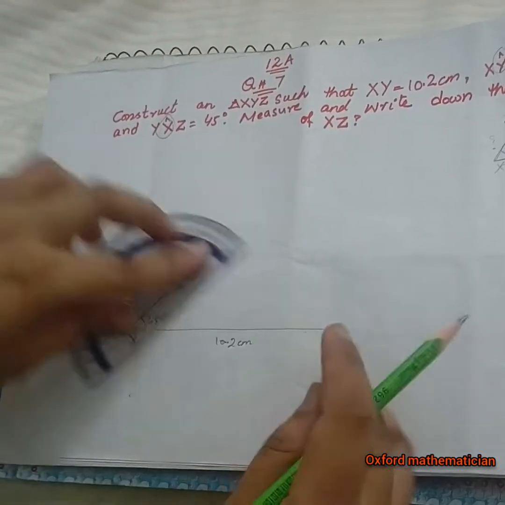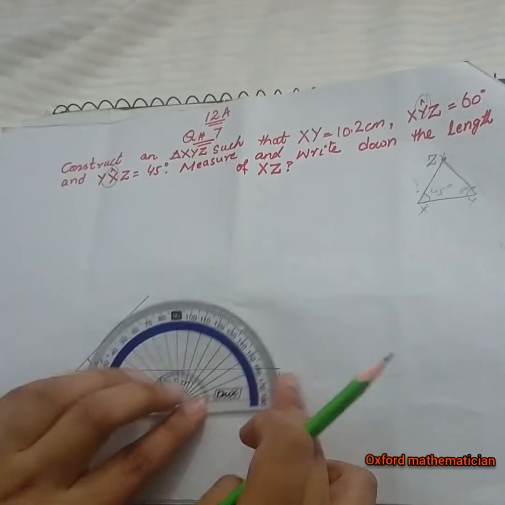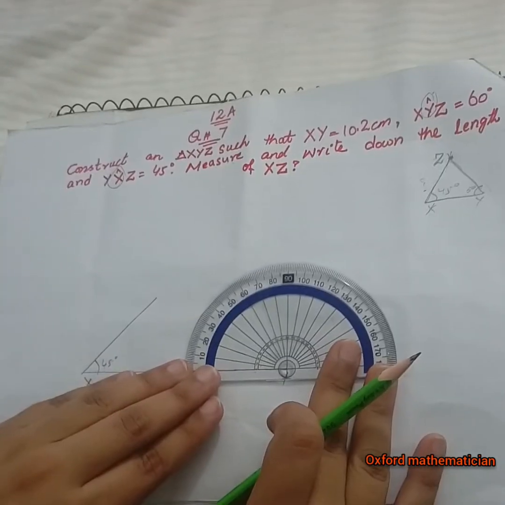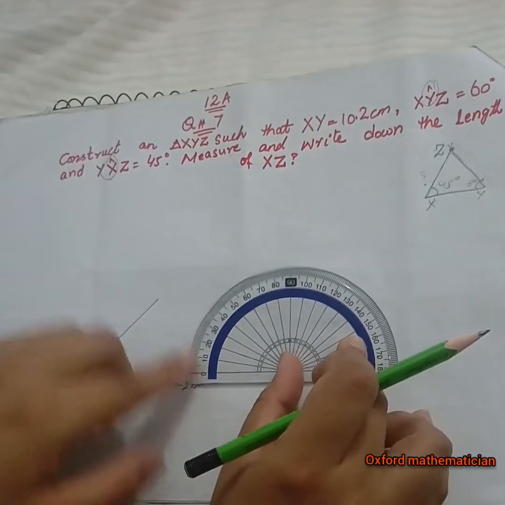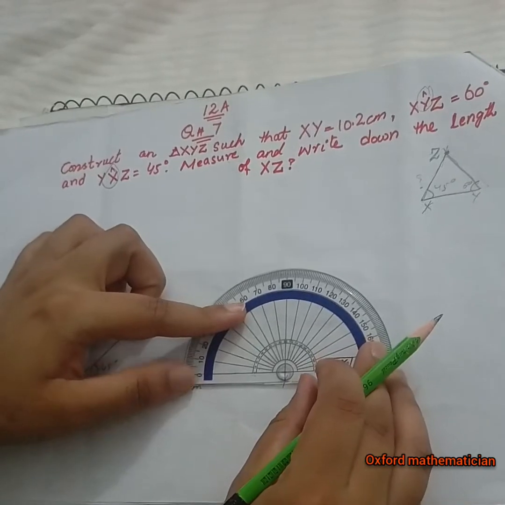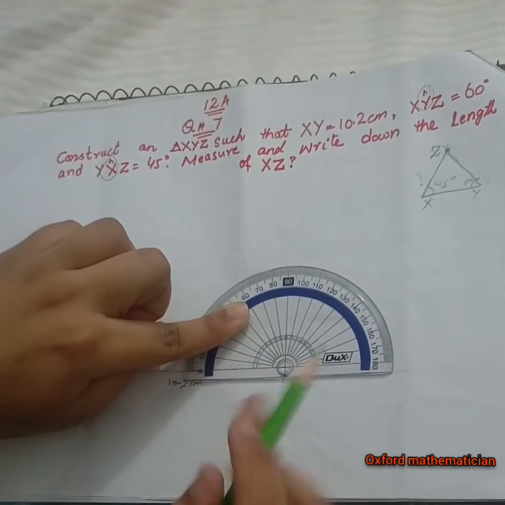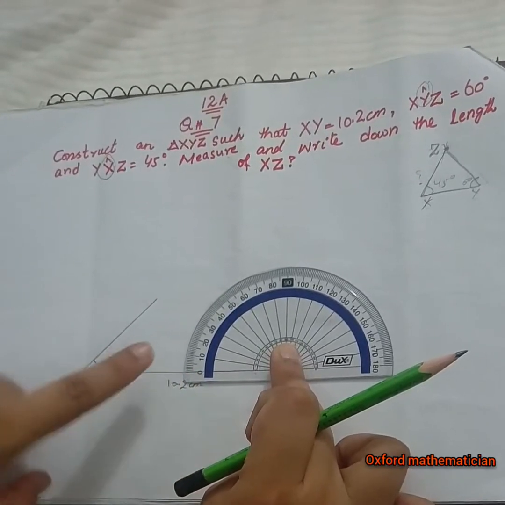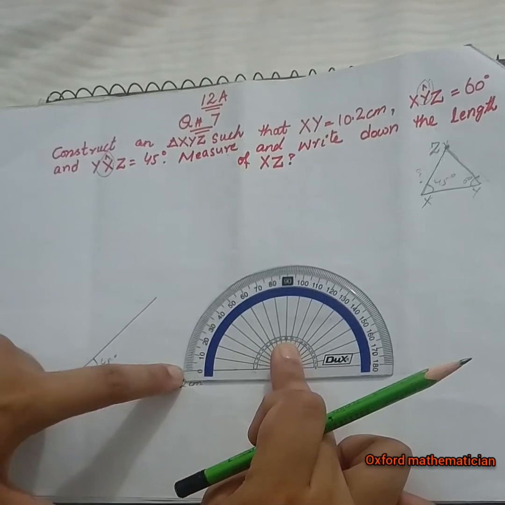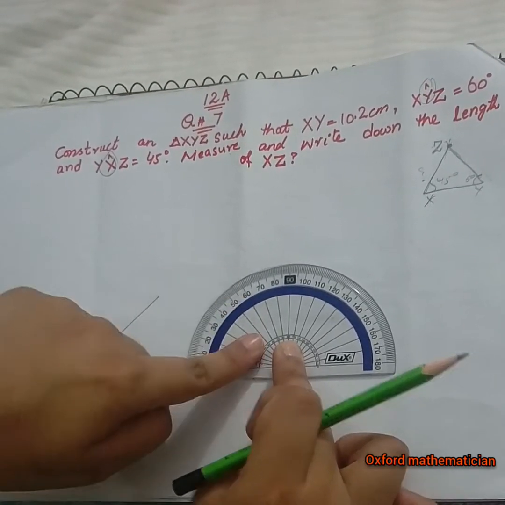Okay, now at the point Y we have to draw the angle 60. Now we put it here very carefully. The pencil line and the upper line of the protractor are definitely up to each other. Here is the point, pencil direction is here, and here we count 0, 10, 20, 30, 40, 50, and here is 60.